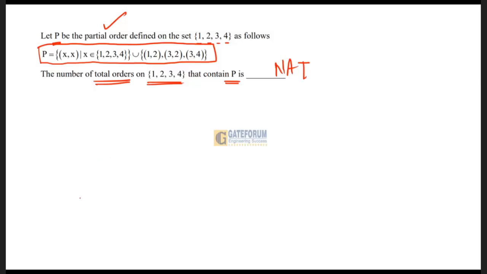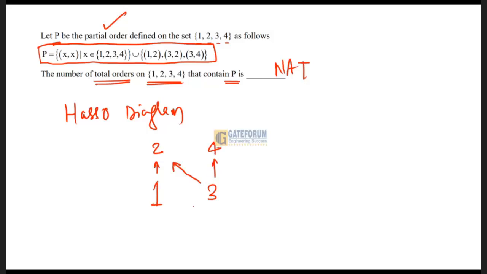So we need to make a Hasse diagram for it. If you create a Hasse diagram, then 1, 2, and 3, 2, and 3, 4 is there, right? So this is my Hasse diagram.